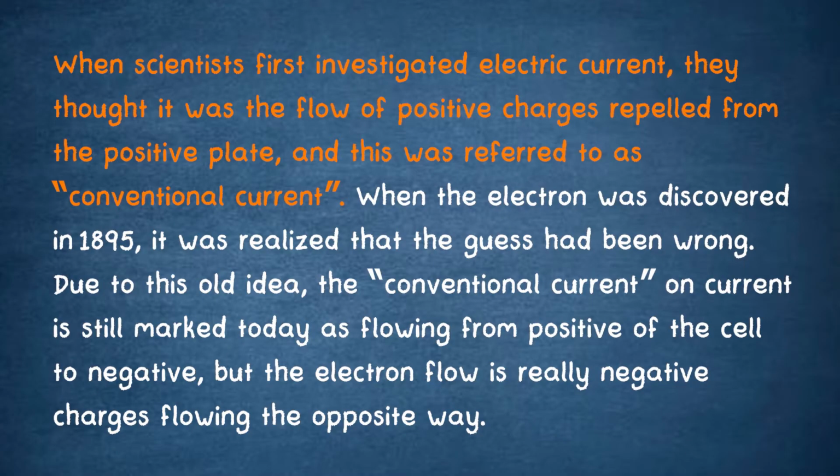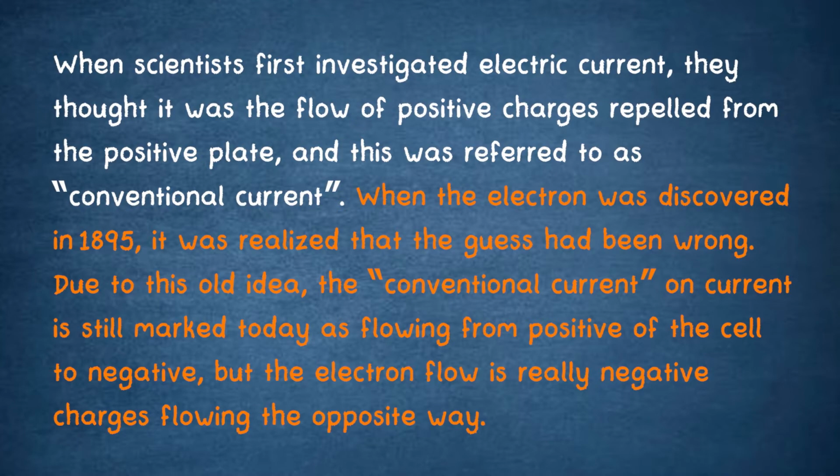When scientists first investigated electric current, they thought it was the flow of positive charges repelled from the positive plate, and this was referred to as conventional current. When the electron was discovered in 1895, it was realized that the guess had been wrong. Due to this old idea, the conventional current is still marked today as flowing from the positive of the cell to the negative.